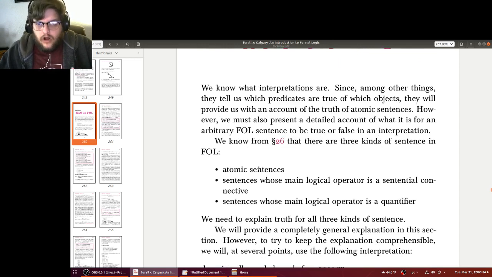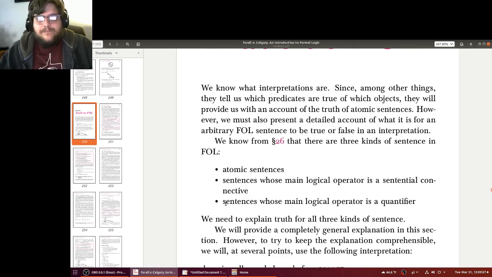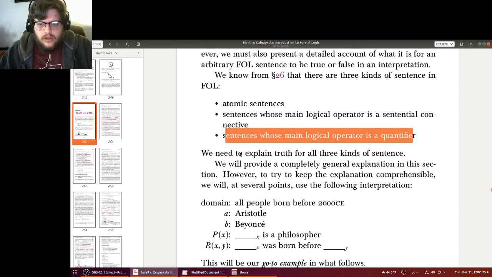Luckily, all of our intuition from propositional logic basically carries over. So, these things are going to be true based on the interpretation directly. These things are going to be true based essentially on thinking about TFL. And then these things are going to be true with a little bit more thinking about what a quantifier is supposed to represent.